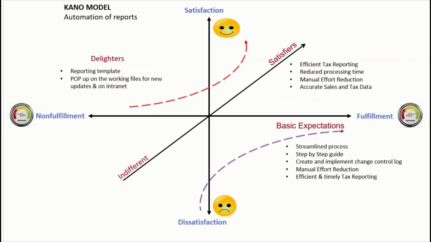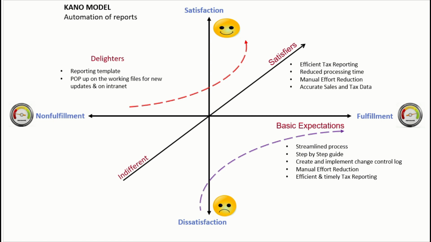Before they wanted to automate the report, they wanted to understand from the end customers what their basic expectation is, what satisfies them the most, and what is a delighter for them. Some of the things like streamlining the entire process, a step-by-step guide, and creating and implementing a change control log, that is the basic expectation.